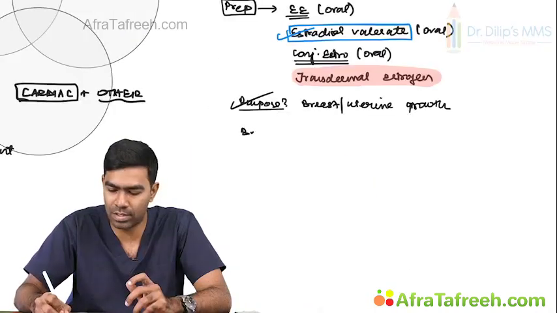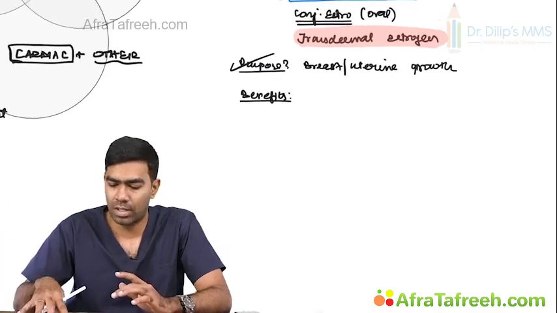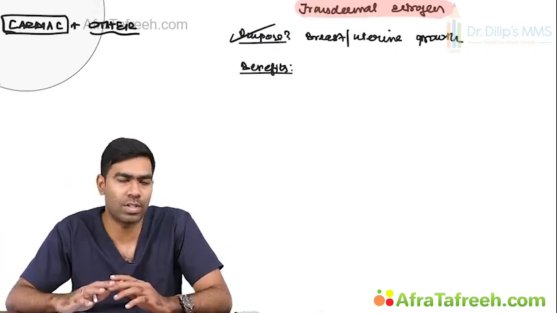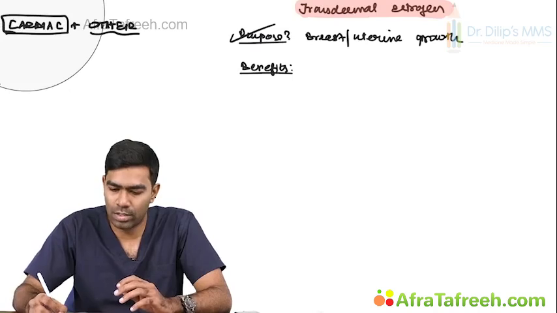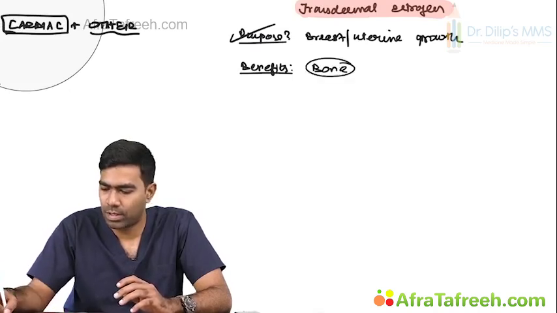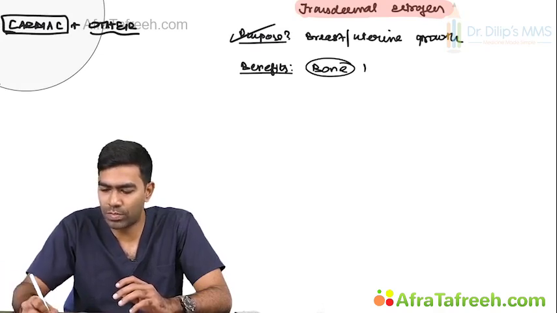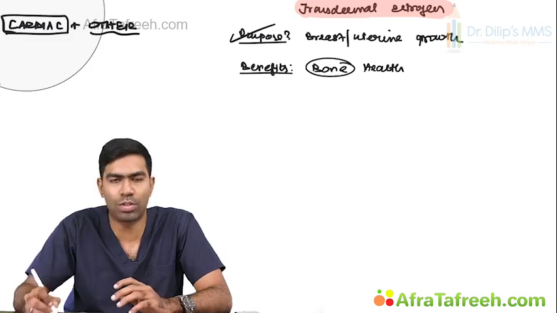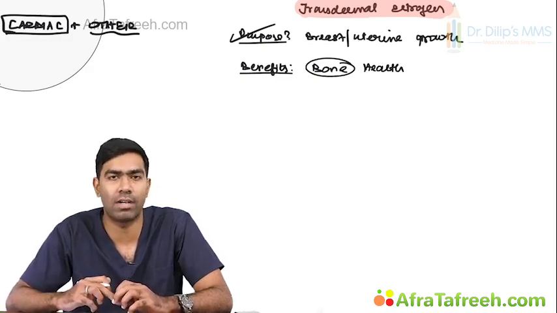And what are the extra benefits that you get apart from breast and uterine growth if you start with estrogens? One is that bone health will be very good, because without estrogens, they go for osteoporosis and have a high risk of fracture.